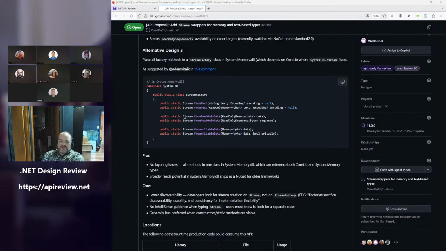So my other question regarding read-only data and writable data. So this takes whatever memory of bytes or sequence of bytes. Should this also take the encoding for these bytes?